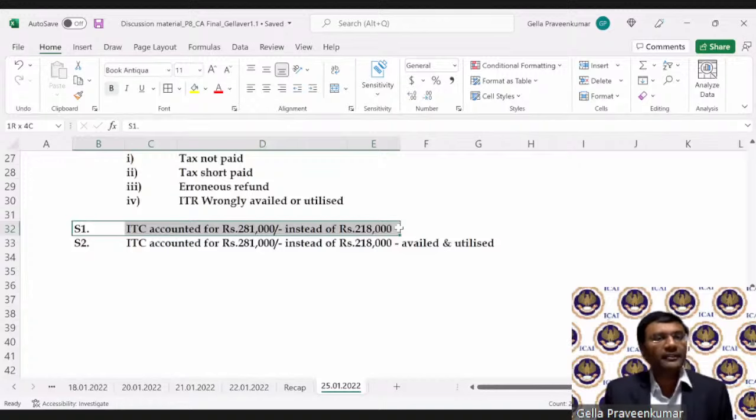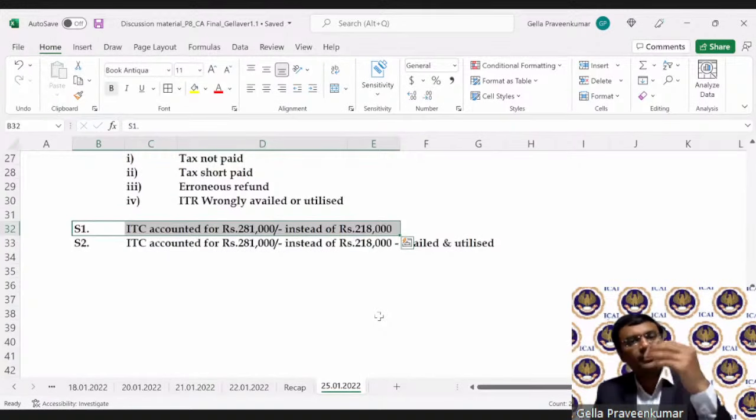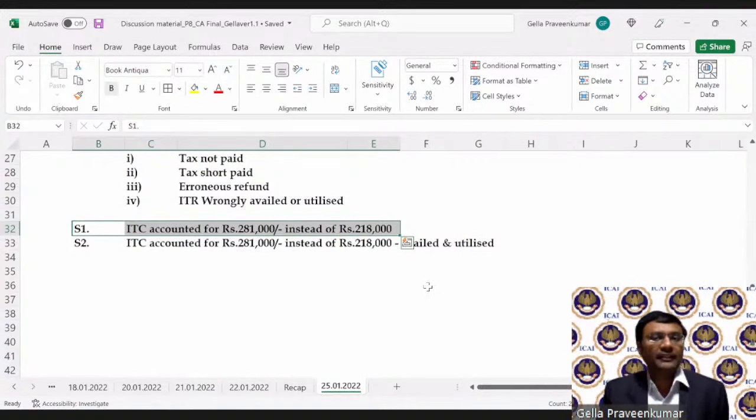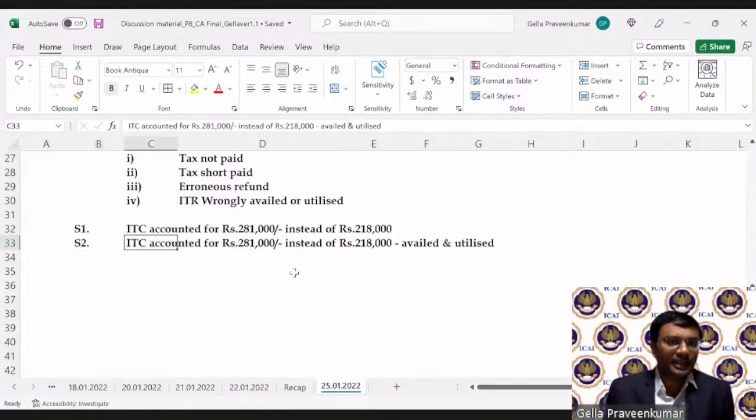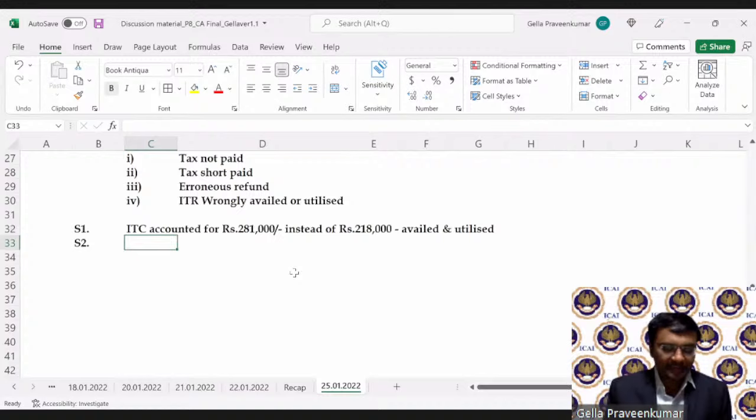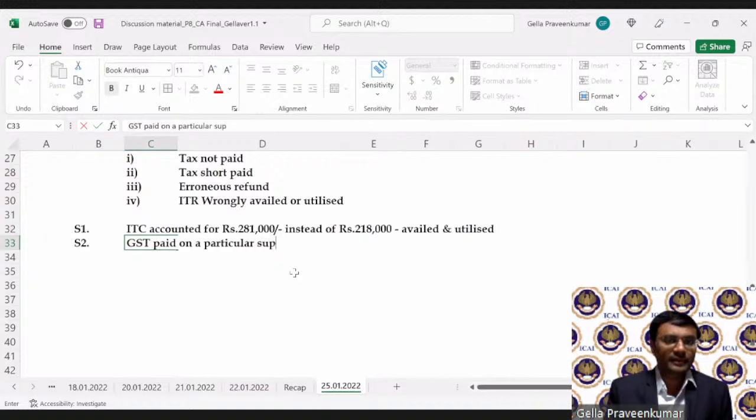Now, scenario 1: ITC accounted for rupees 2,81,000 instead of 2,18,000. Let me use this as point number 1. Second point: GST paid on a particular supply at 12% instead of 18%.